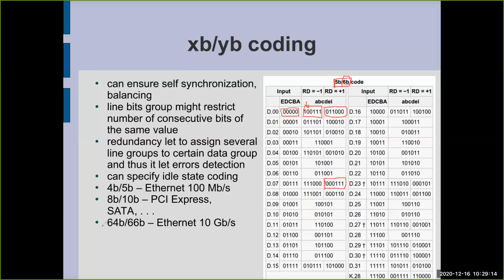In Ethernet, we have 64 bits, which are coded using 66 bits. This block coding generates real progress in interfaces.